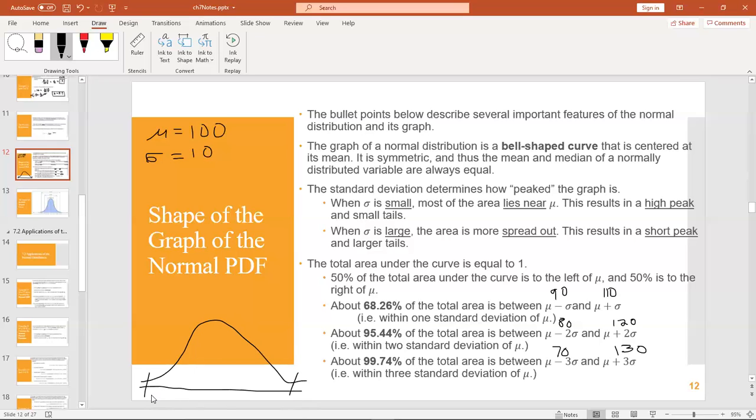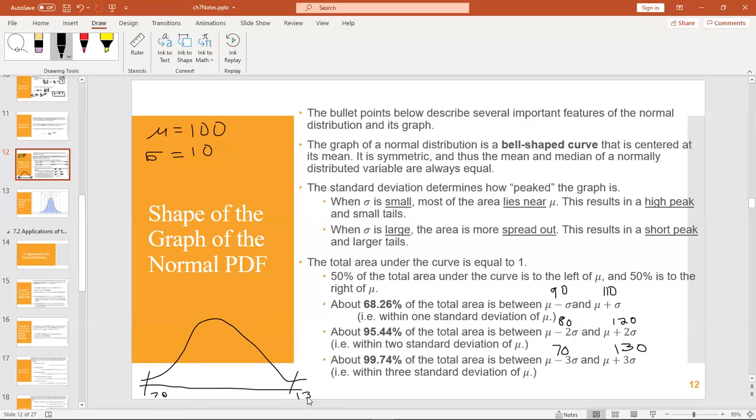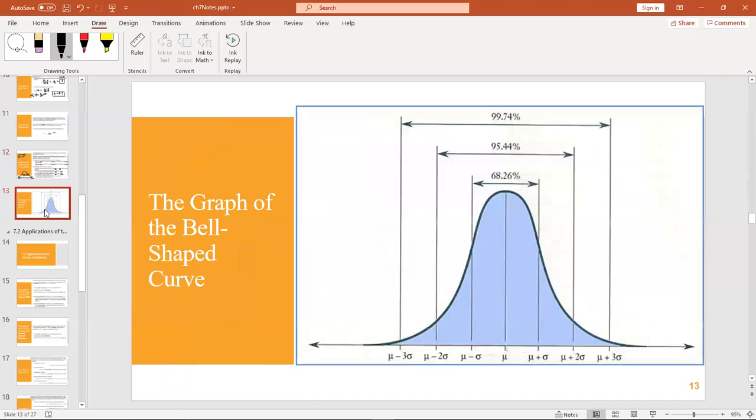You go out really far. Here's 70. Here's 130. And 99.74%, virtually all of your data, is going to fall within that range. So here's an illustration of the bell curve.